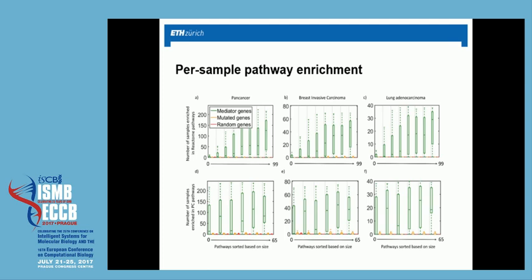You see that we find many more enriched pathways looking at these mediator genes as compared to the mutated genes. So the signal, at least in terms of these pathways, and we did this for Reactome pathways and Pathway Commons down here, is much stronger when you look at these mediator genes as compared to just the mutated genes.